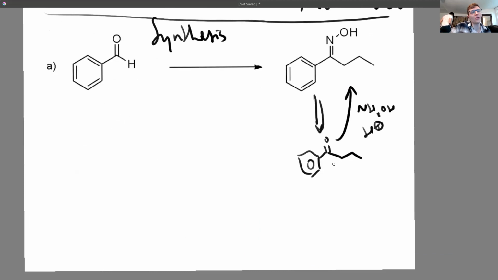And I guess now, well, this isn't actually so bad, right? Because we're just elongating the chain on this aldehyde. So we can actually do this in 2 steps.